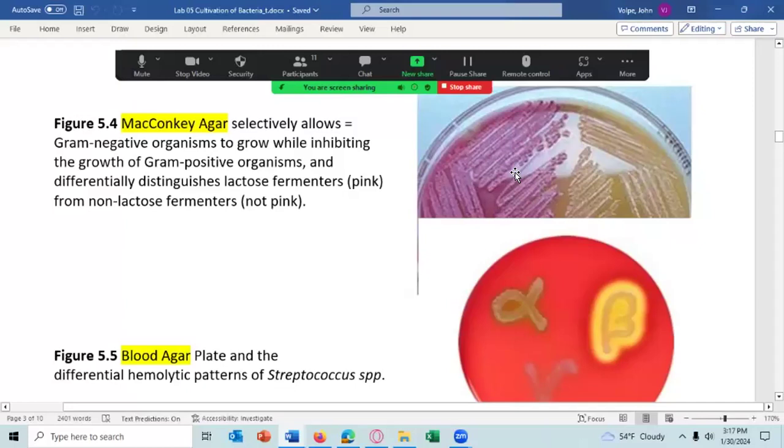The sugar lactose will be fermented, creating acids, which will lower the pH, which will change the color to pink. And this bacteria is a lactose fermenter. This bacteria is gram-negative because it's growing, but it's not a lactose fermenter because the bacteria are not growing pink and there's no pink around it either.